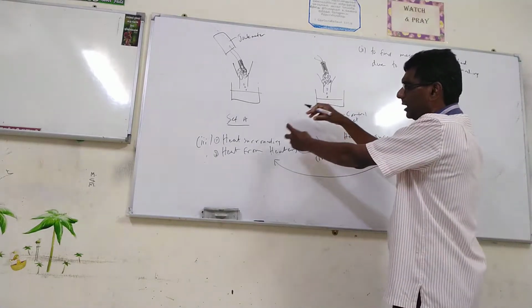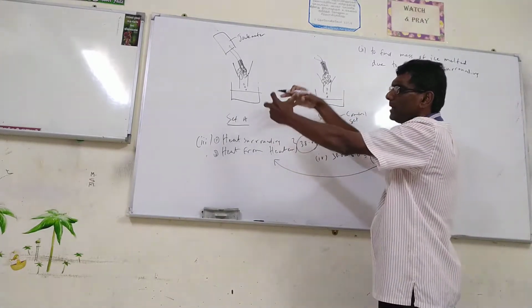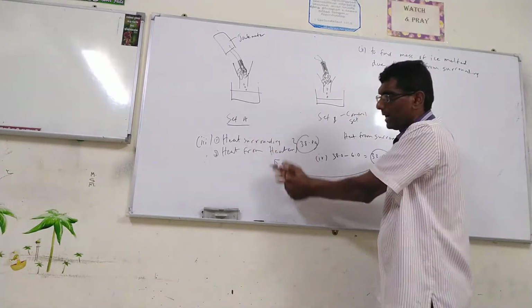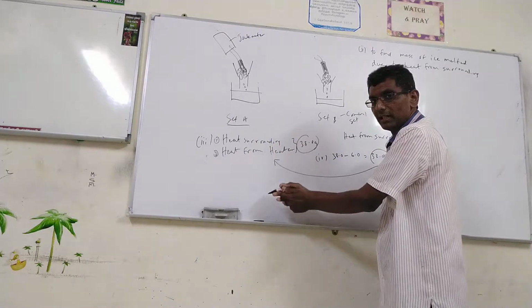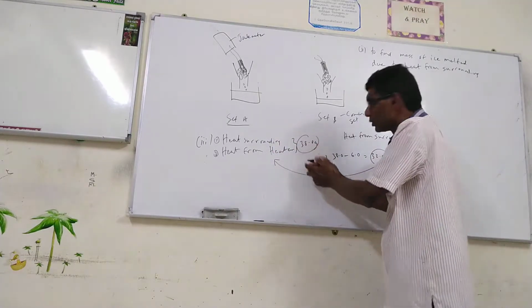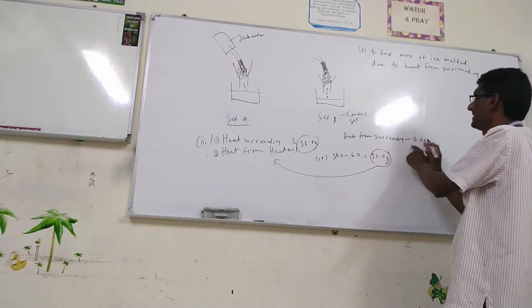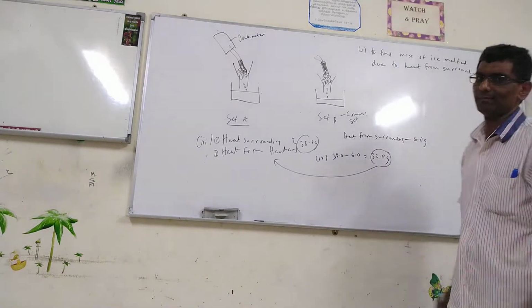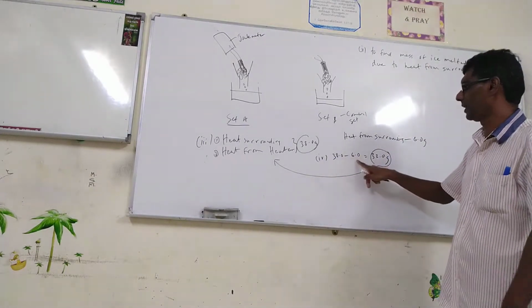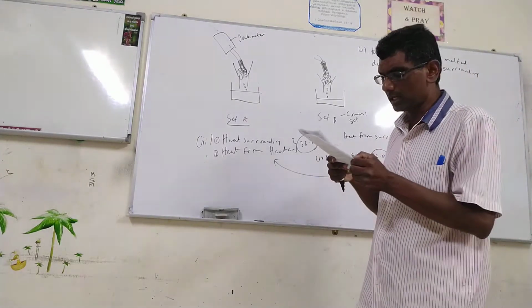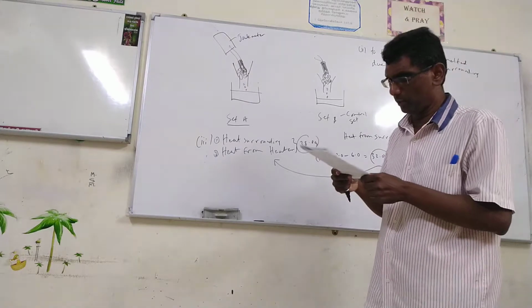In set A, they mix together: some ice melts because of heat from surrounding, some ice melts because of heat from heater, so together 38 gram. They want to find out the heat from surrounding only, 6 gram. So 38 minus 6 is 32 gram. That is the ice melted due to heater only.